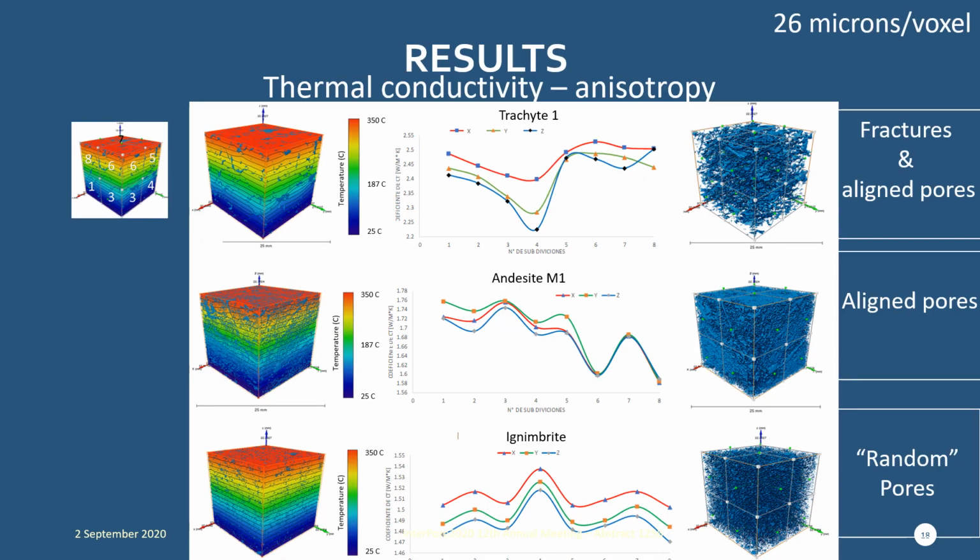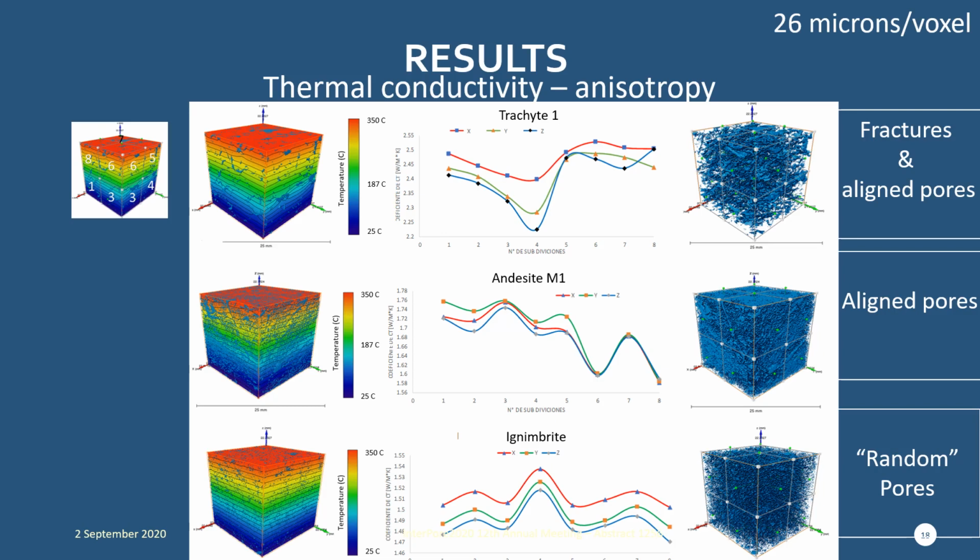We found that thermal conductivity presents some anisotropy in some of the rocks and in some areas of the rock. In this slide, let's concentrate on the middle of the slide where we have thermal conductivity on the vertical axis, and on the horizontal axis, the corresponding cubes called 1, 2, 3 to 8.